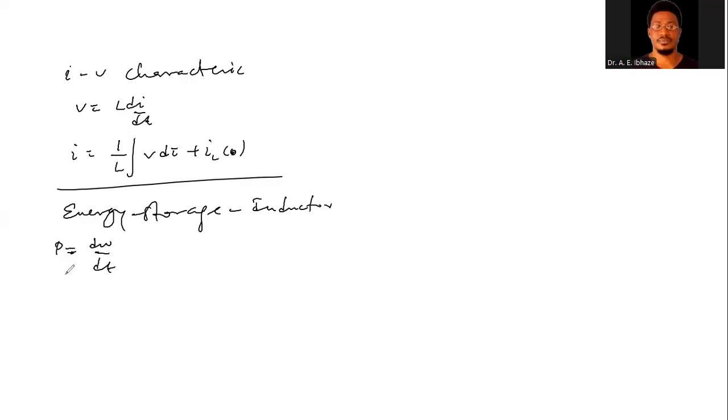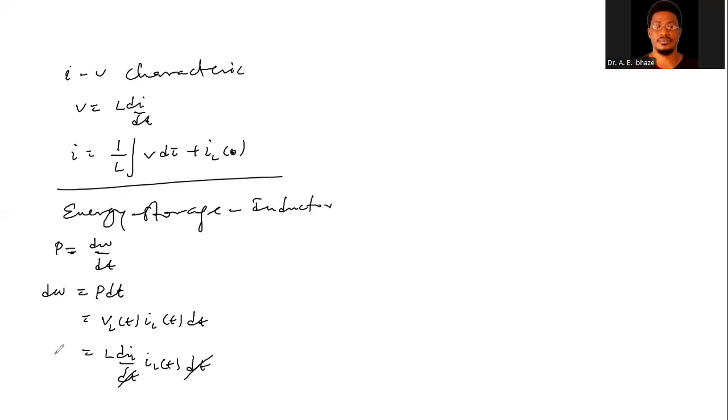So the energy is the integral of p(t) dt. We already know what the voltage value is, so that will be the integral of L i(t) di dt times i(t) dt.